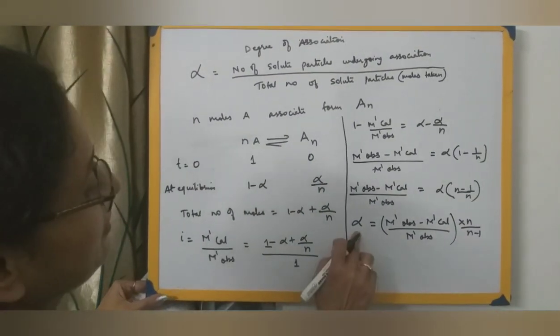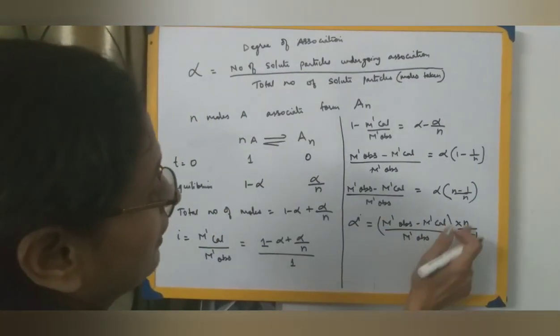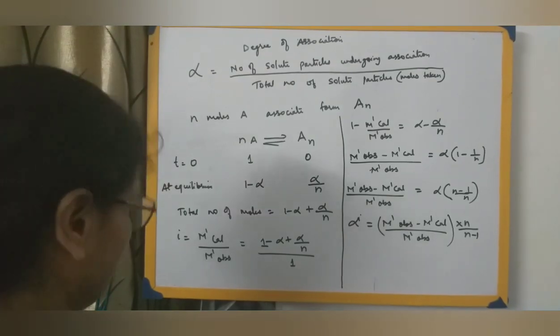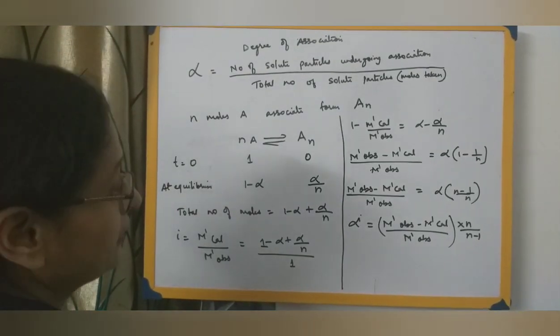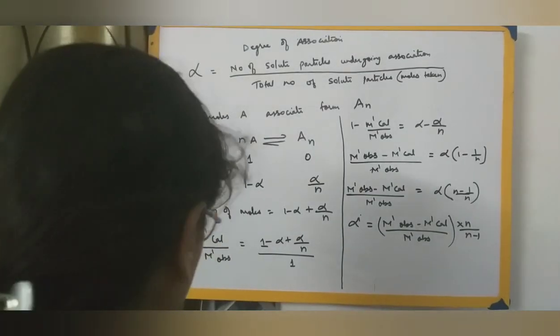So from this equation for the degree of association, we know all other things, so we can find out the degree of association for the solutes which undergo association in the solvent.